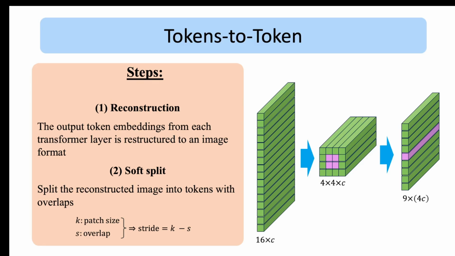This will result in 9 patches, each covering a 2 by 2 region. So we aggregate them by concatenating their embeddings, resulting in a new sequence of size 9 times 4c. So you can see that we were able to reduce the sequence length from 16 to 9 in this example.